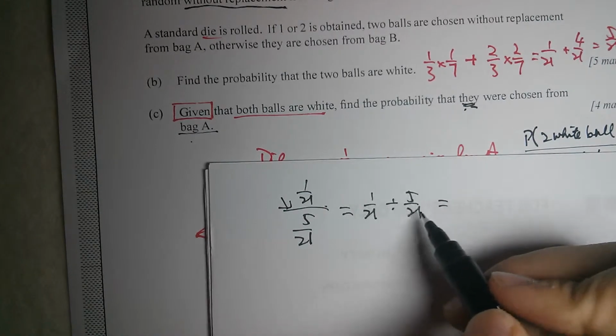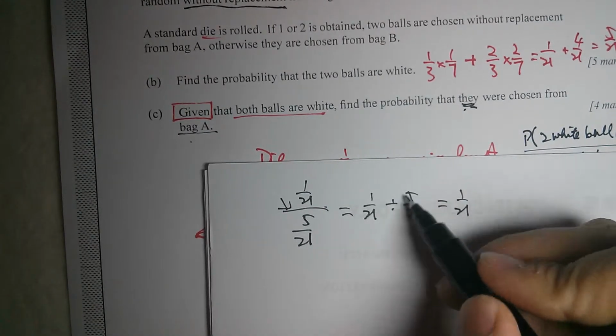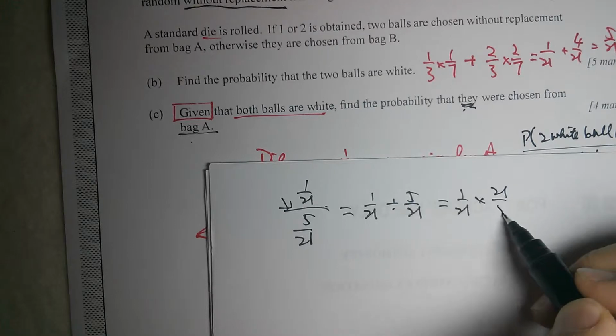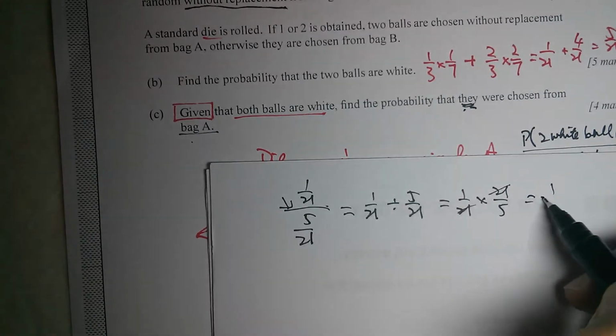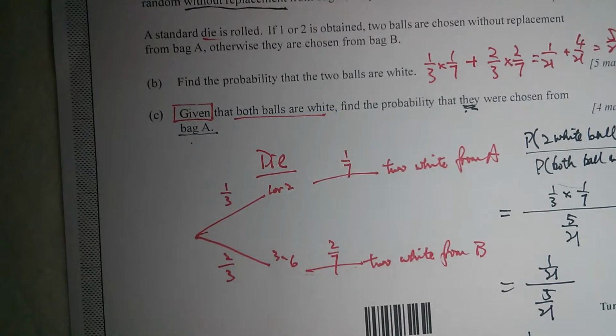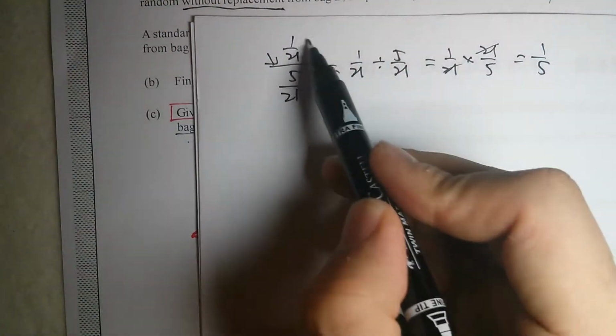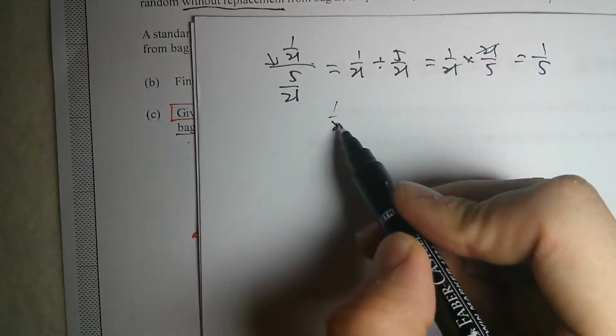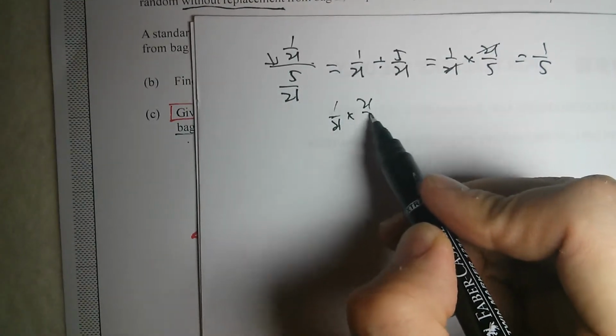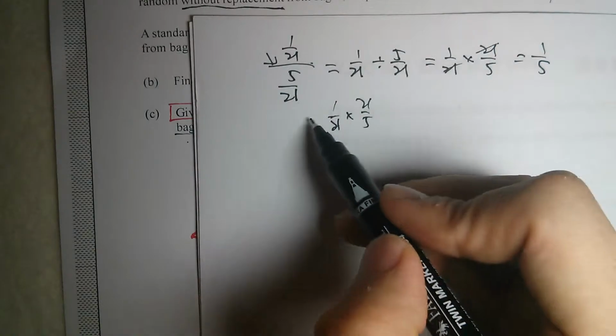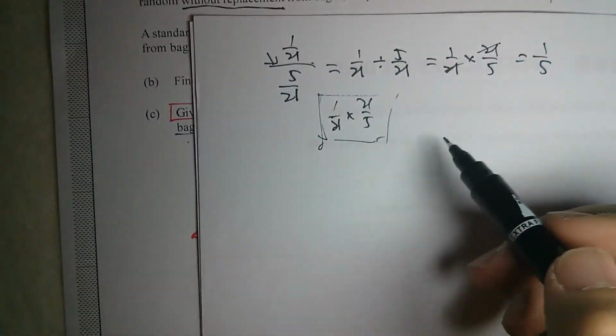How do you do division of fractions? You flip the second one and change it to multiply. This cancels, so it's 1/5. A quick way of doing this, you just flip this up, so it becomes 1/21 times 21/5. Remember this. That will help you quite a lot.